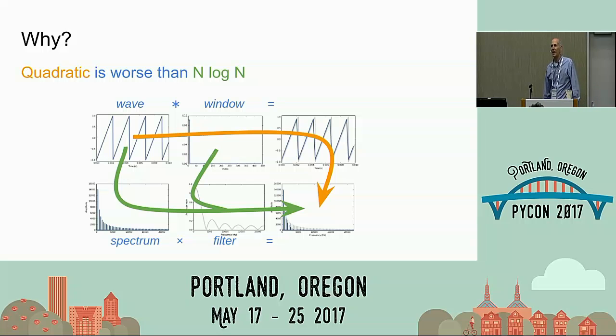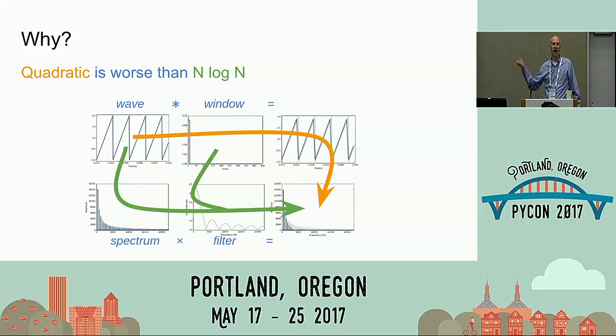One reason why this is a useful thing is because we have the Fast Fourier Transform, we can compute DFTs in n log n time. If you've taken some computer science and you know about big O analysis of algorithms, this will make sense. If you've never heard this before, just tune out for a second. I won't have time to explain it, but to get from the top row to the bottom row, I can do that in n log n time.